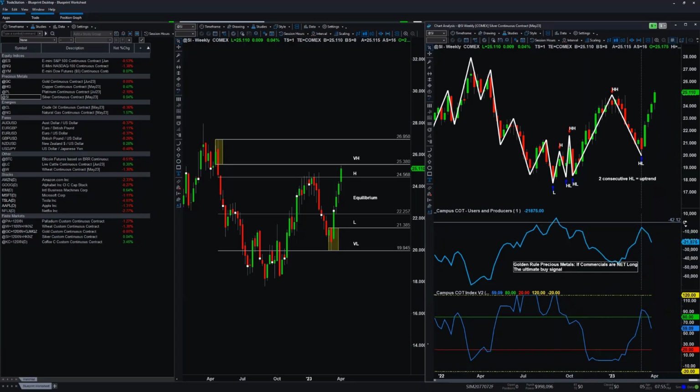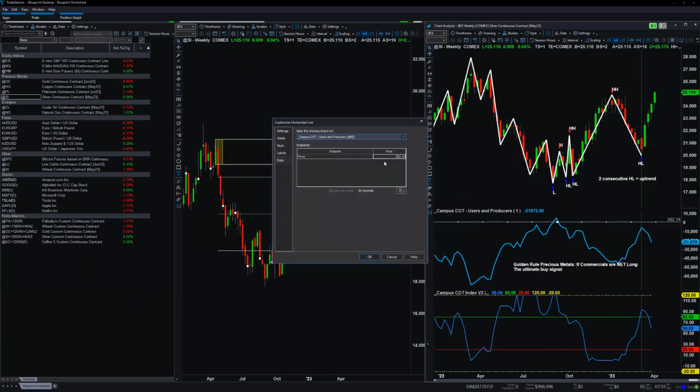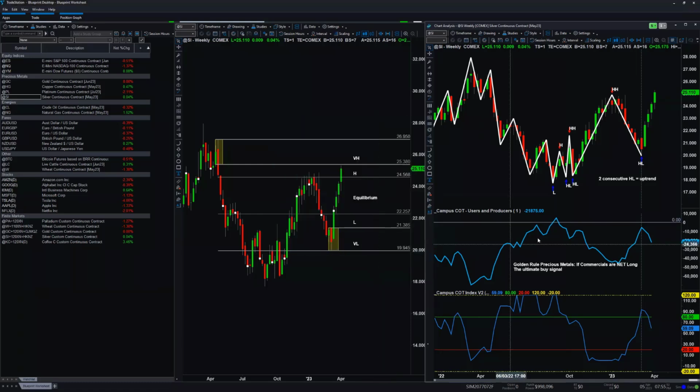Okay, so here we can see the 0 line. They were at this point, let's just put this to 0 exactly. At this point, they are above the net 0 line.